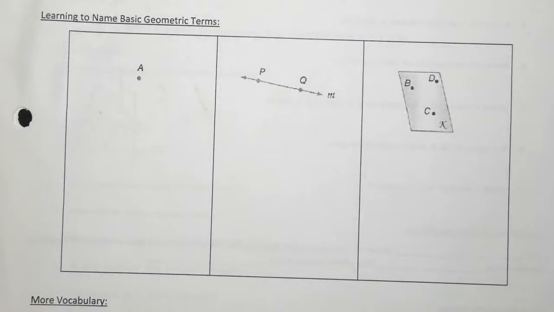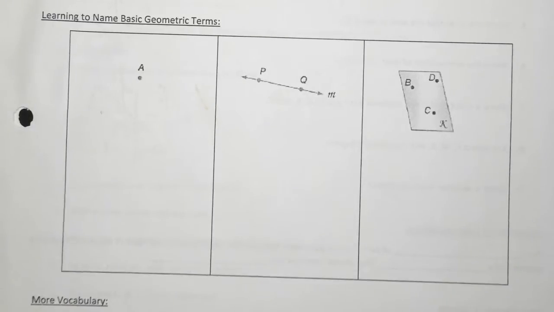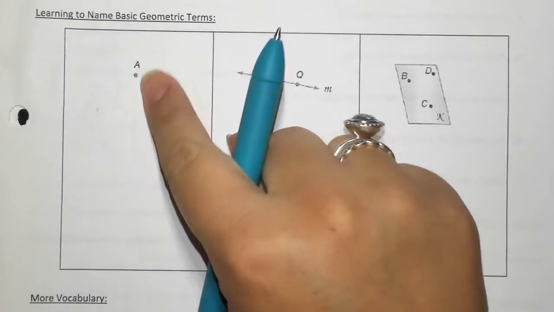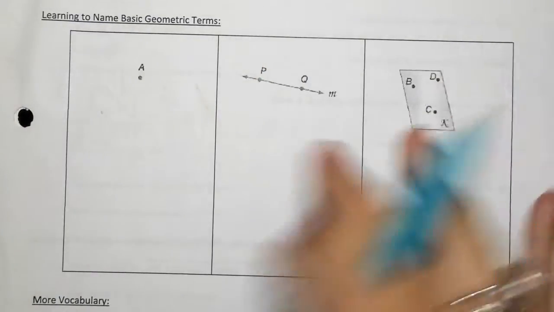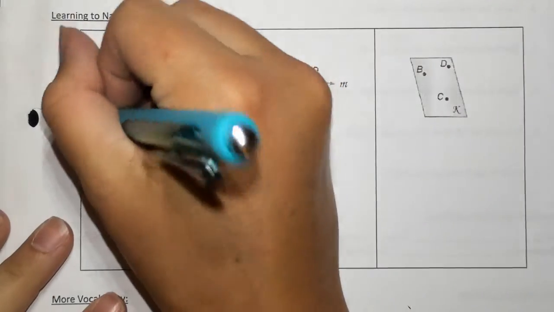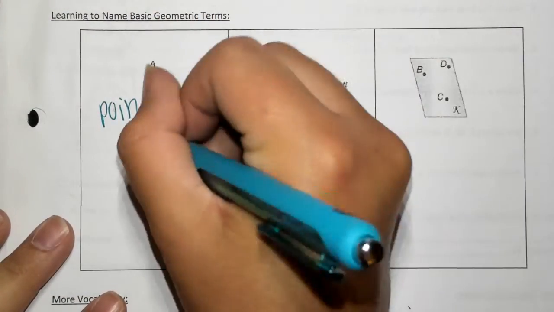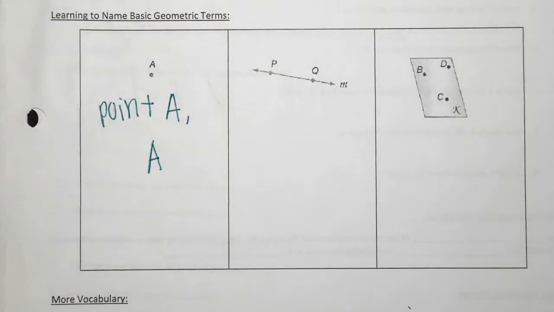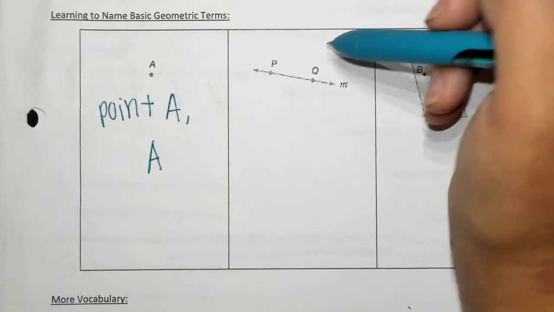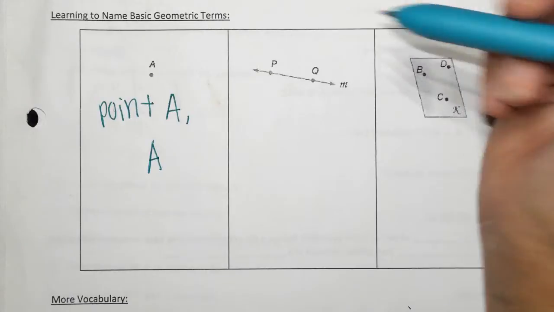Sorry about that. Alright, so, Judah, what's this called? Point A. You could name it point A. Could I just put A? There were 3 ways to name this second one. Jalen, what was one?